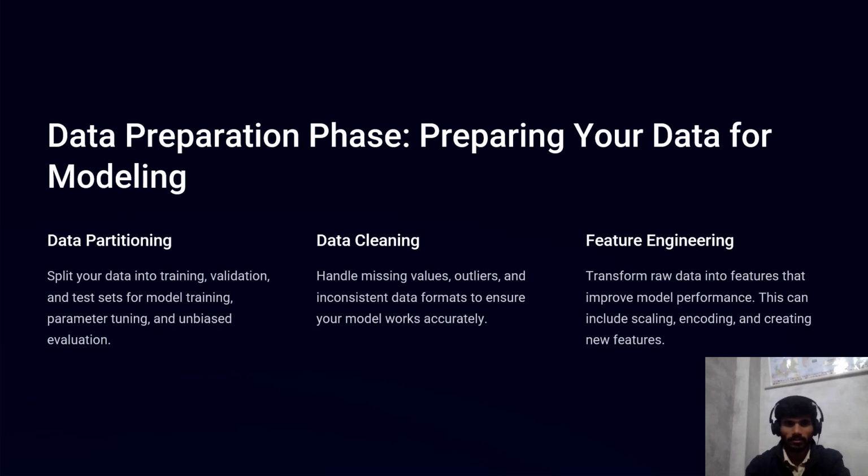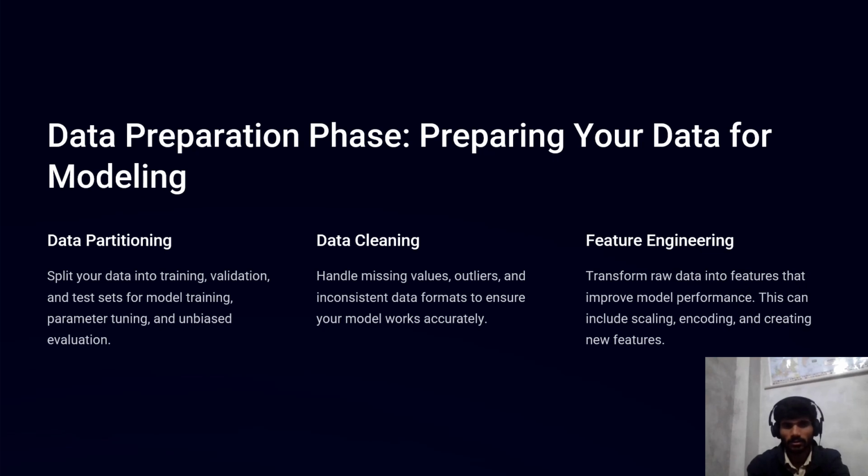First is data partitioning. Second is data cleaning, and third is feature engineering. So in this, first is data partitioning: split your data into training, validation and test sets for model training, parameter tuning and unbiased evaluation.